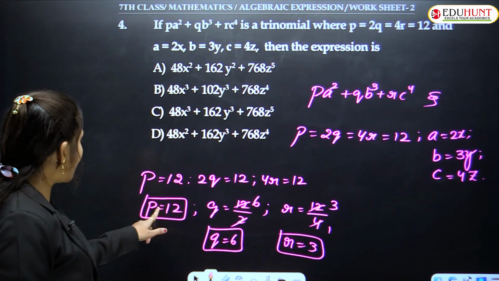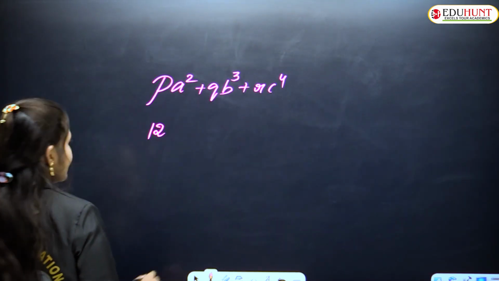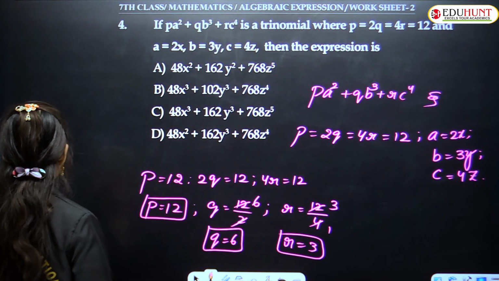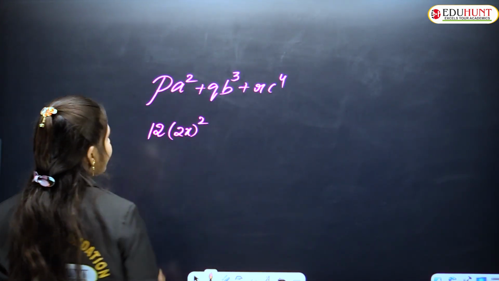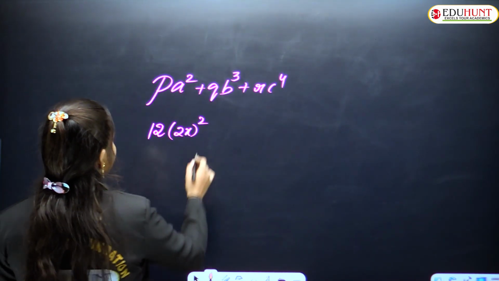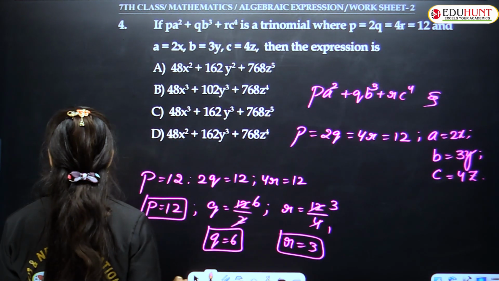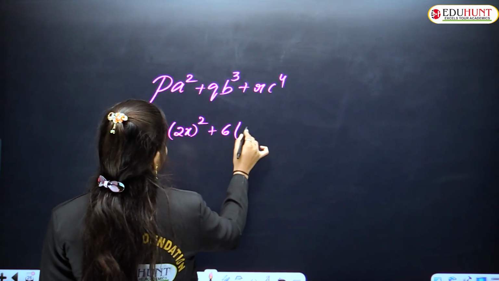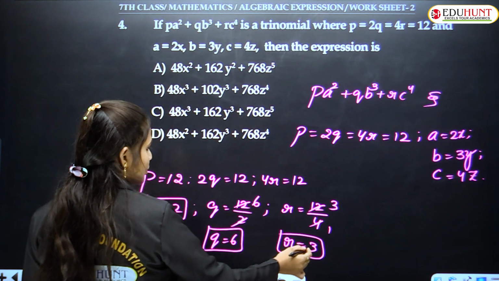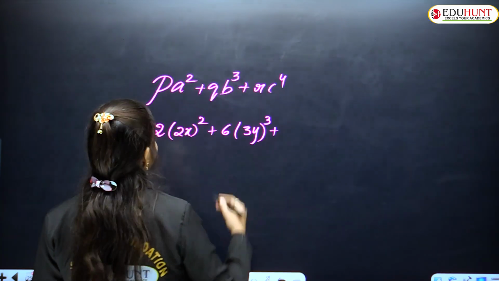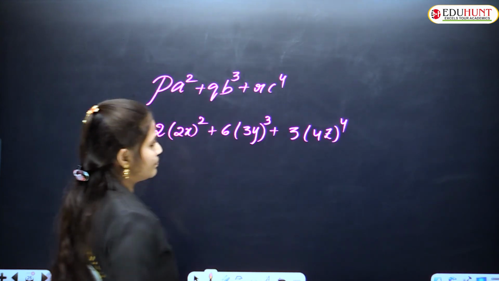Now substitute those values. P is equal to 12, a is equal to 2x, so 2x whole square, plus q is equal to 6, 3y whole cube, plus r is equal to 3, and 4z whole power 4.